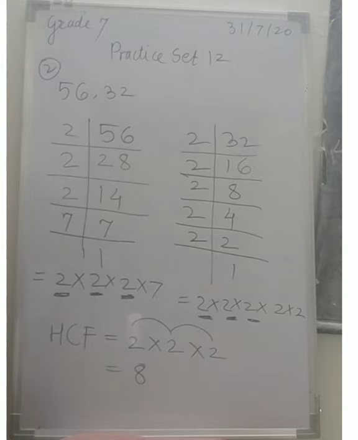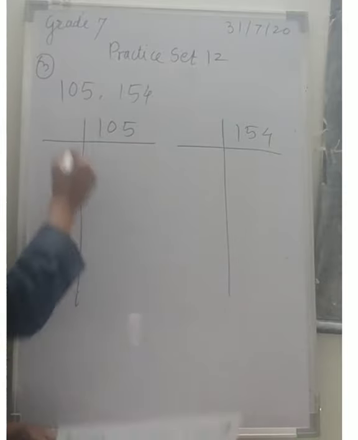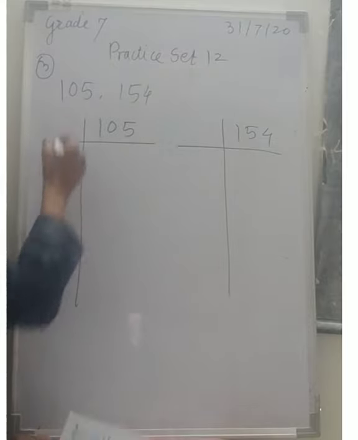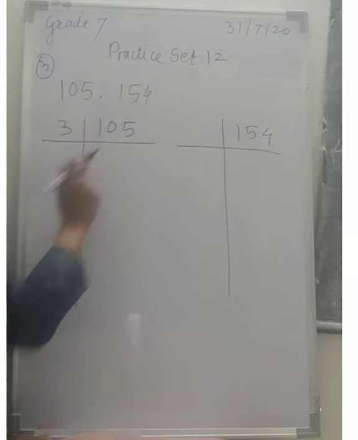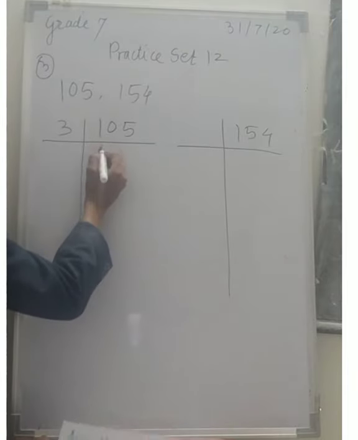Let's find the third one. Now 105 and 154. 105 can be divided by 3 because 5 plus 1 is equal to 6 and 6 is a multiple of 3. So 3 threes are 9.